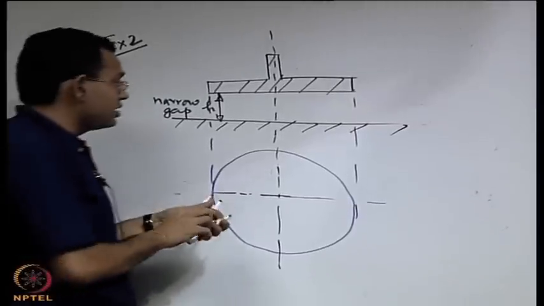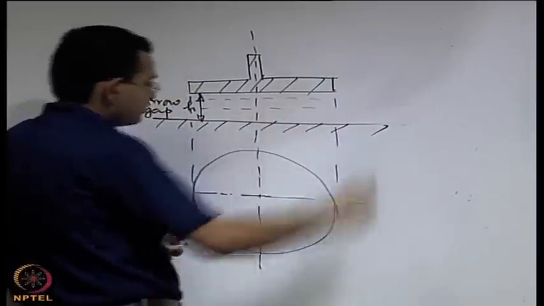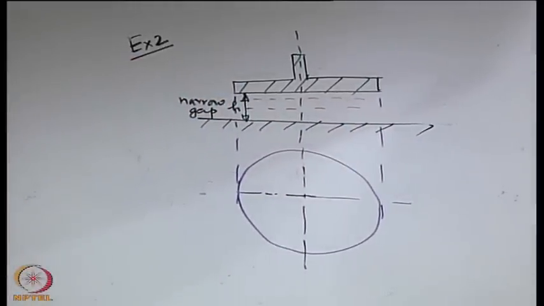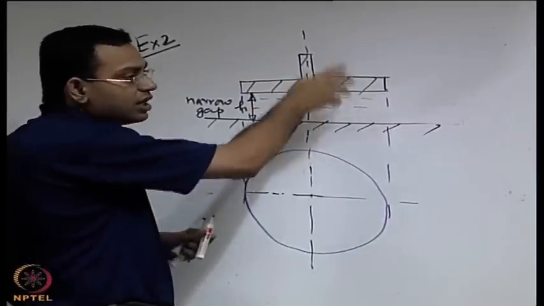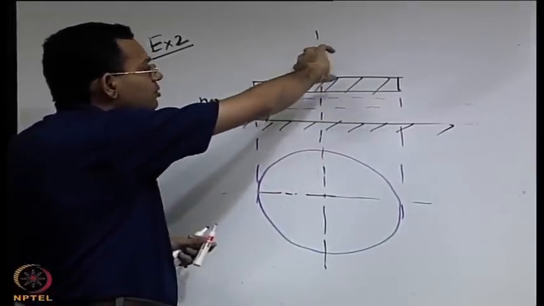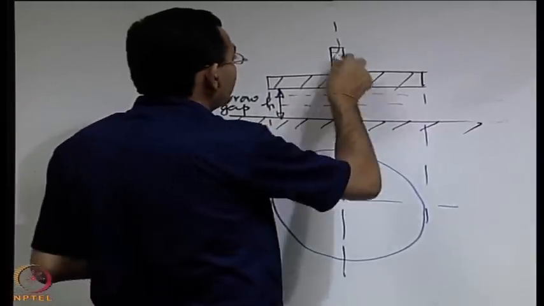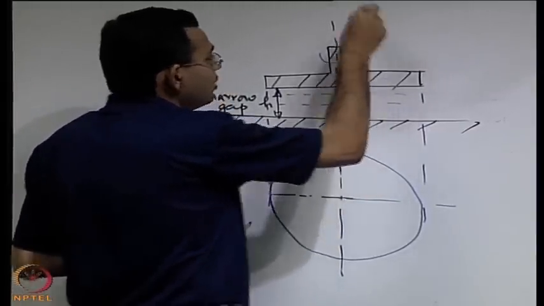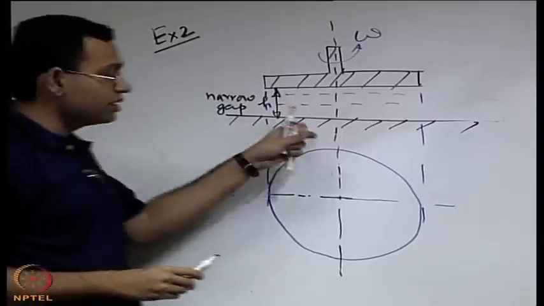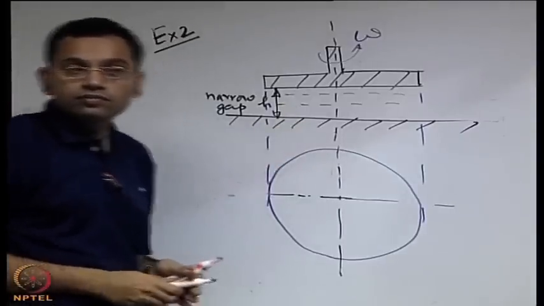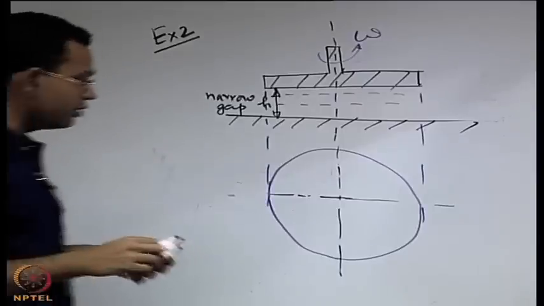There is a fluid in between, and our objective again is to see what torque or power is required if we want to rotate this one with a particular angular speed, the bottom one being stationary. The situation is quite similar to the previous one, so we should be able to work it out quite quickly.